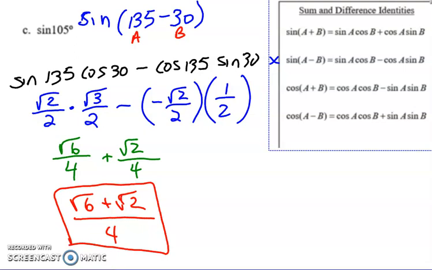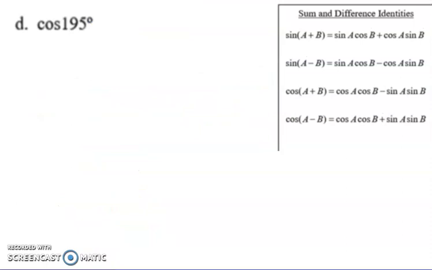So let's look at D, the cosine of 135. I'm sorry, 195. So for that, we're going to use a difference identity for cosine.